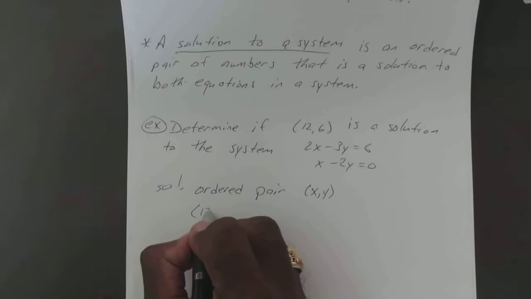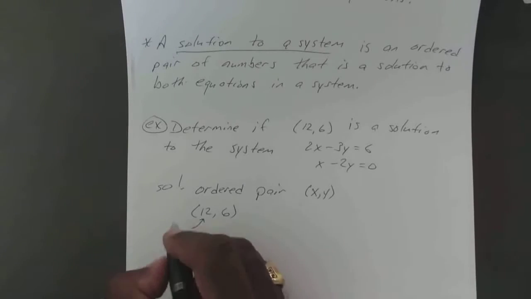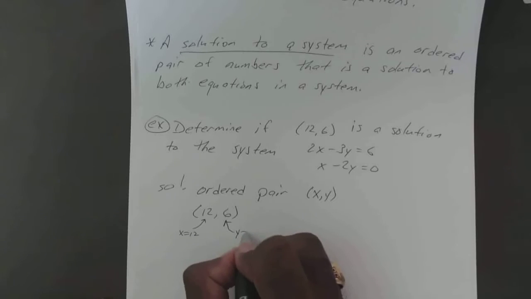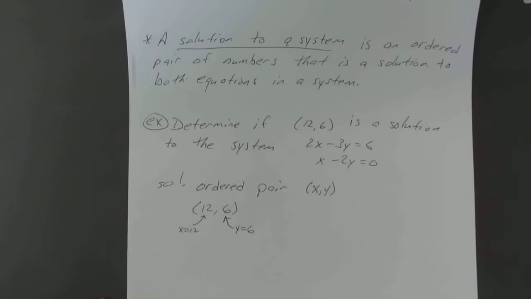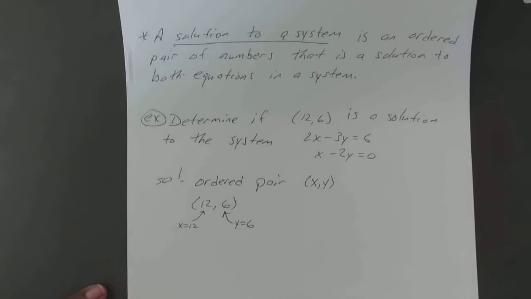So that means for 12 comma 6, you replace x with 12 and y with 6. Does that make sense? All right. So we're going to check both of those equations, and if they're both true, then it's a solution. But they both have to be true. If one's true and one's not, then it's not a solution.